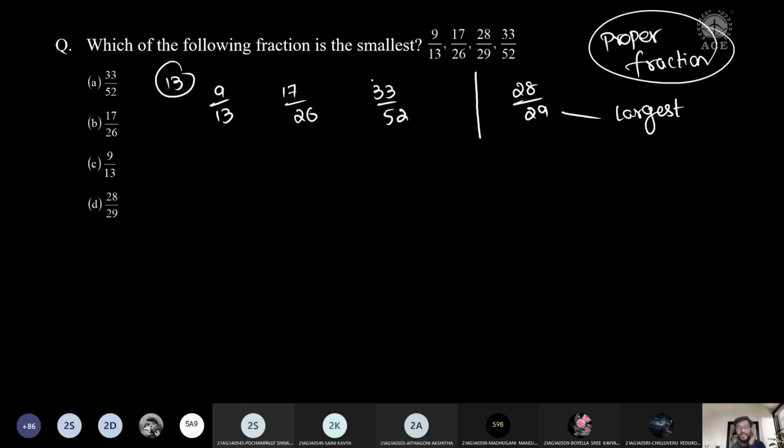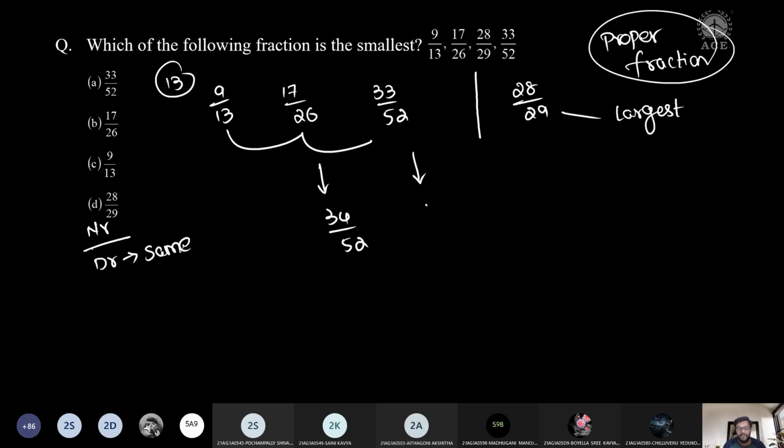See, till now I have given some tricks. Now another trick here: the denominators are all multiples of 13. I can maintain a common denominator. If the denominator is the same, it depends on the numerator, we can decide. Now here this is 52. I can multiply this with 2 and write it as 34 by 52.